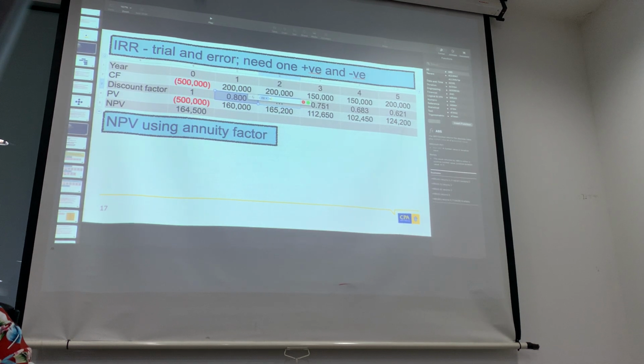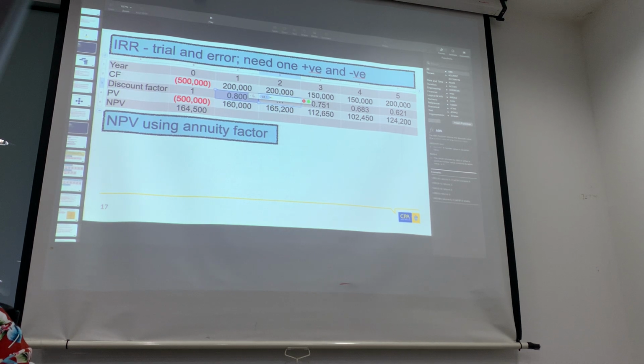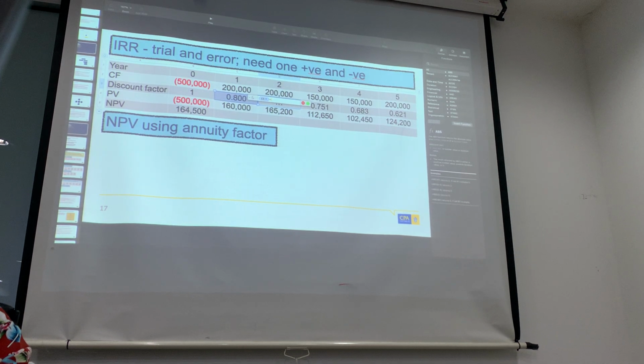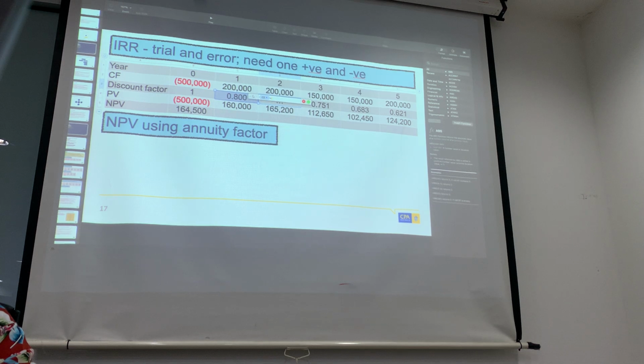Press again, equal. You press equal, you'll get the numbers already. You get it? So you get 0.8 after that.